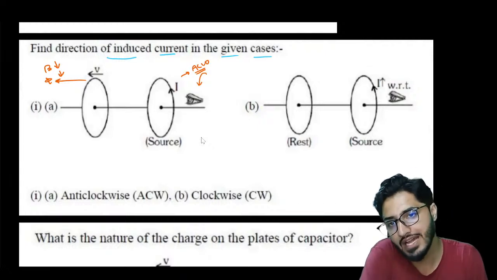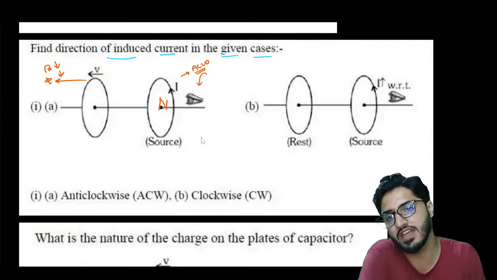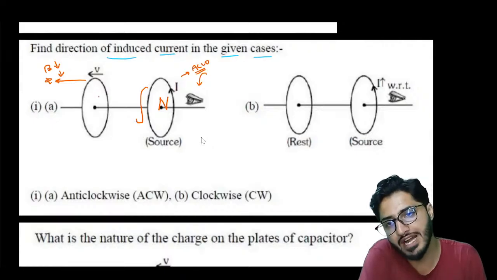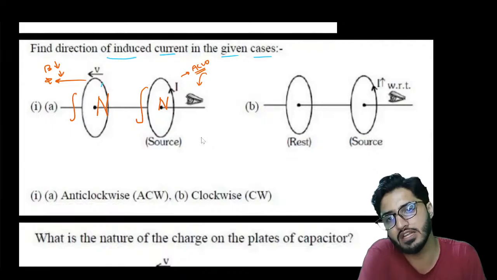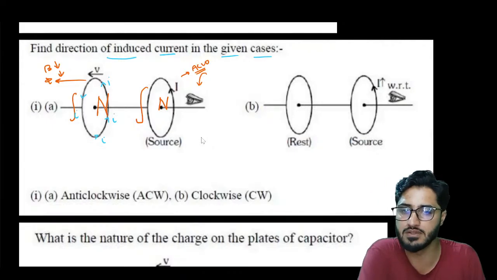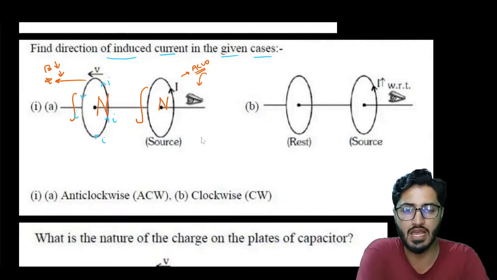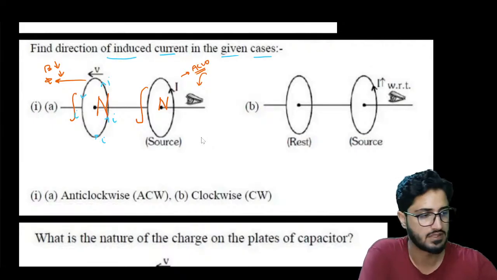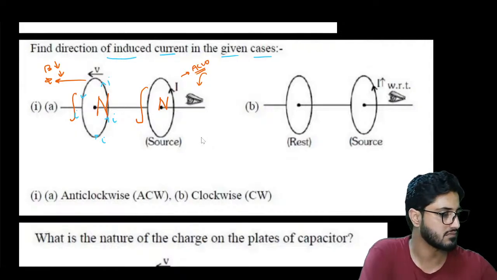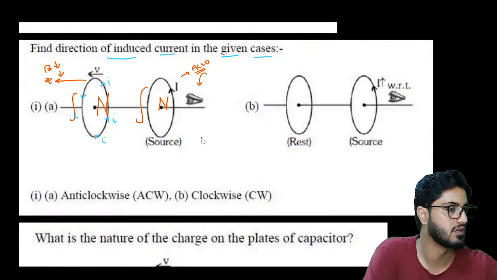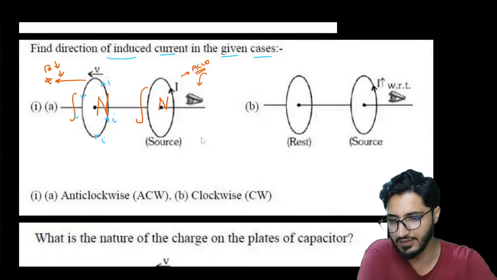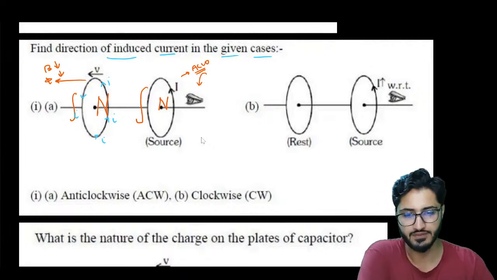Look now, anti-clockwise means this is north face. If this is north face, this face is south face. If this is south, it should attract it. So my current will be anti-clockwise. Simple. Simple, no? Easy or super easy?